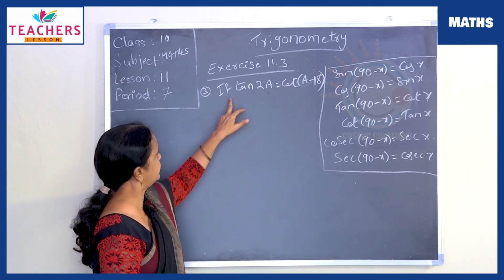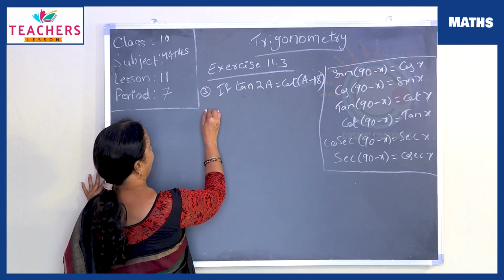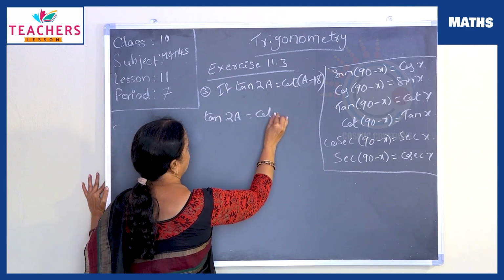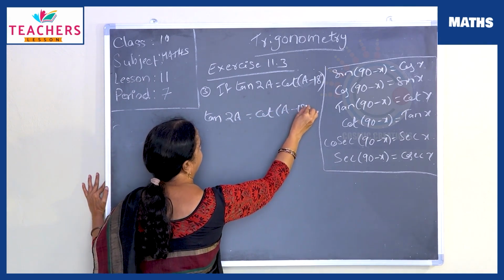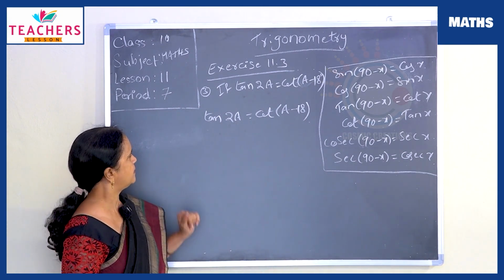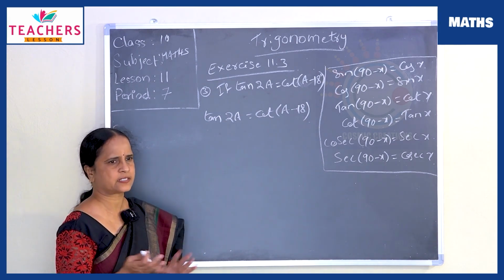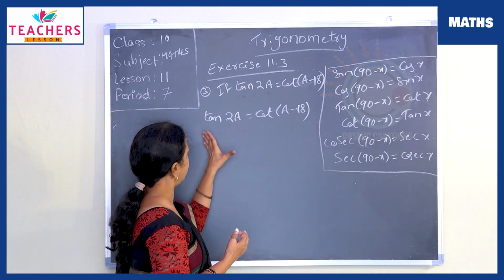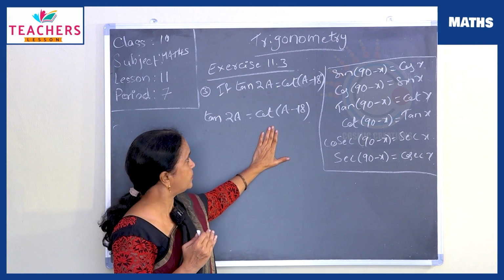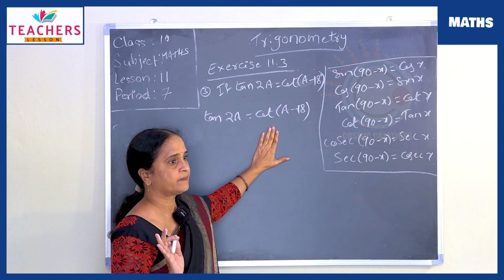Here it is given tan 2a and on that side cot of (a minus 18). Whenever we come across such problems, if we just think sin by cos, cos by sin, we would not get the correct answer. So you have to think of it differently.